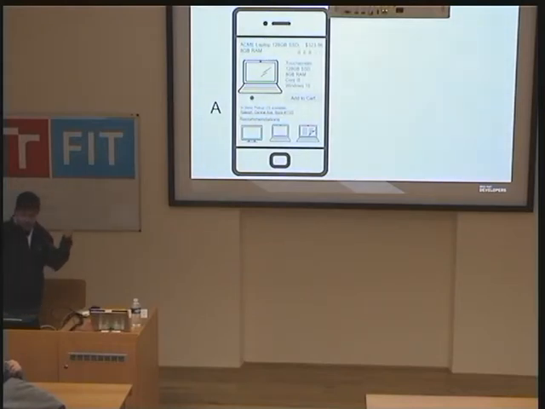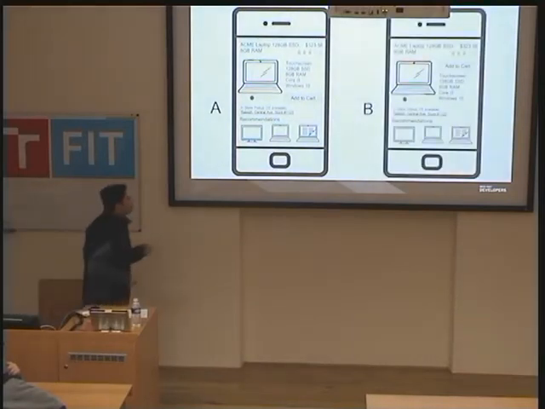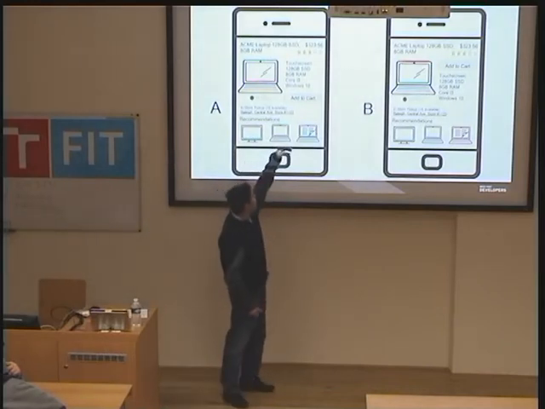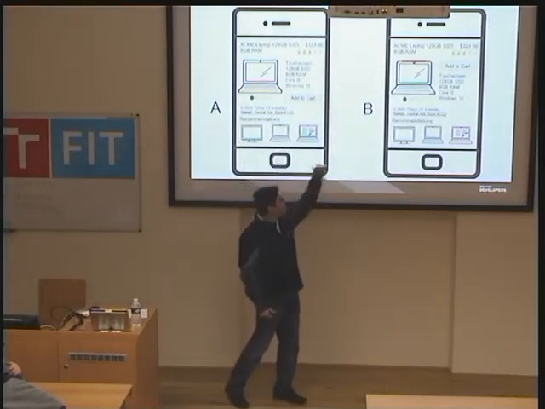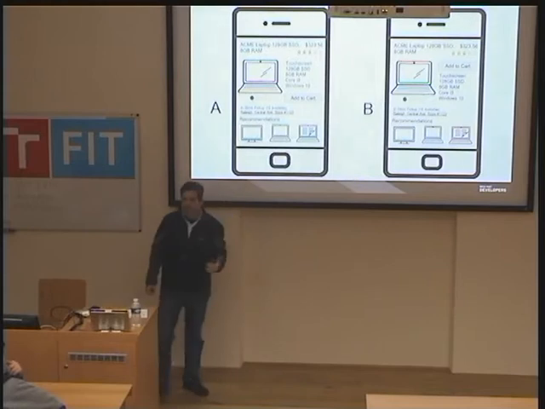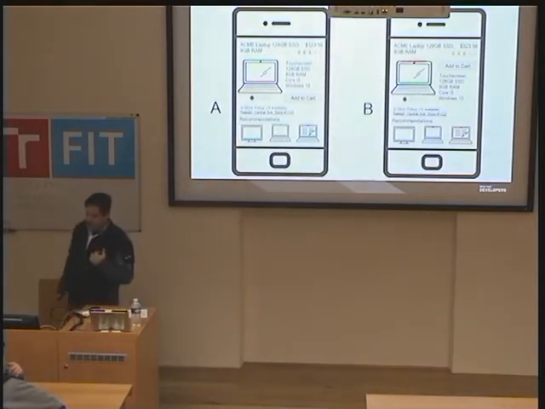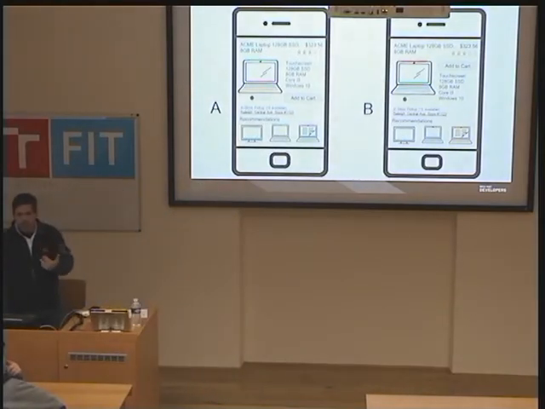But the idea behind A/B testing is to test a hypothesis. So suppose that you have a hypothesis that if you change your button from the bottom of the screen to the top of the screen, you will increase sales. You can test that.